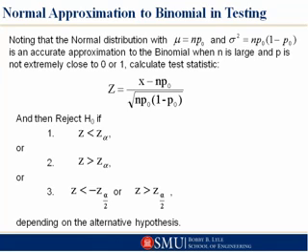So in this case, you're going to be working with mu equal to n times p naught, and the variance is going to be n times p times 1 minus p.